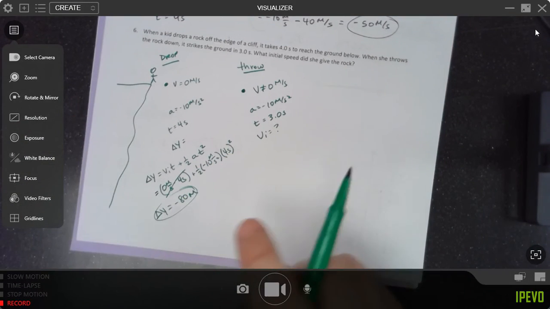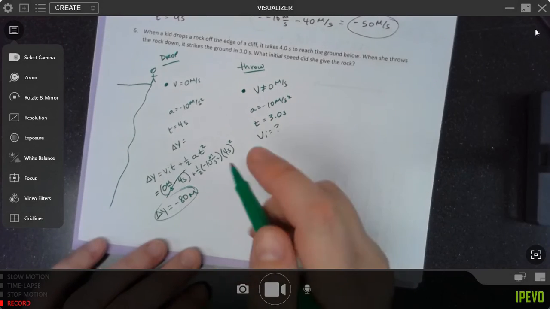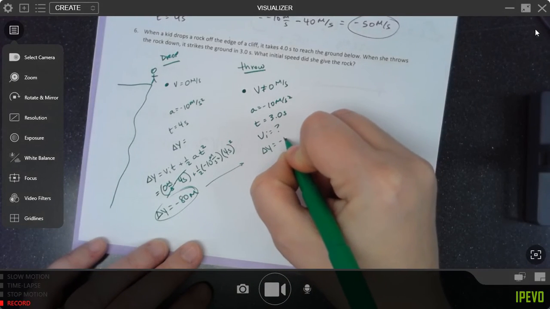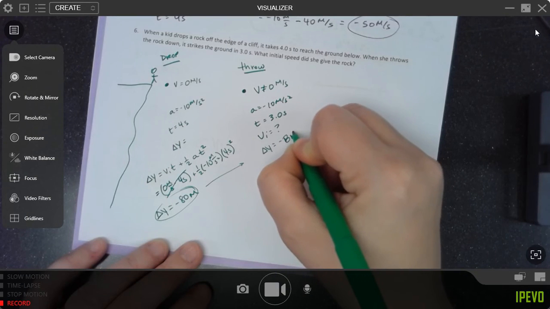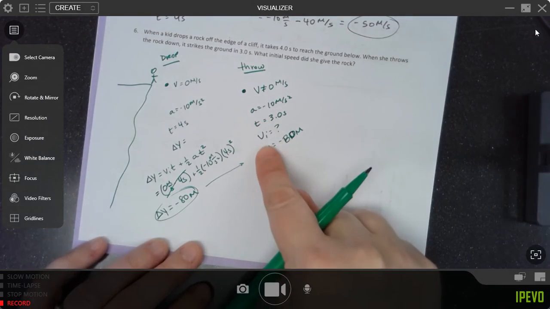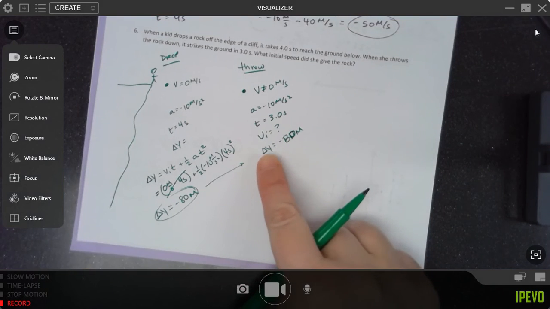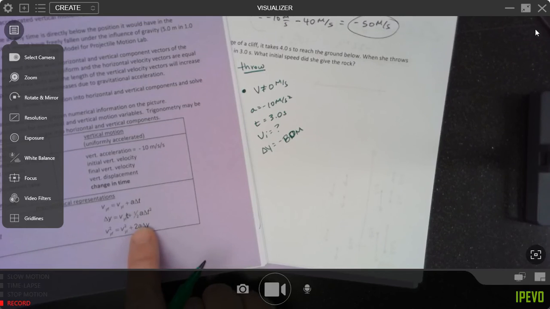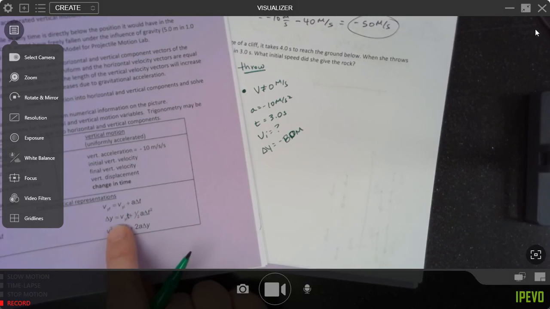We can take that information and put it into the other situation. 80 meters. And now we know acceleration, time, initial velocity. Sorry, we need to find initial velocity and we know our displacement. So we're going to use our same equation again, but solve for something different.